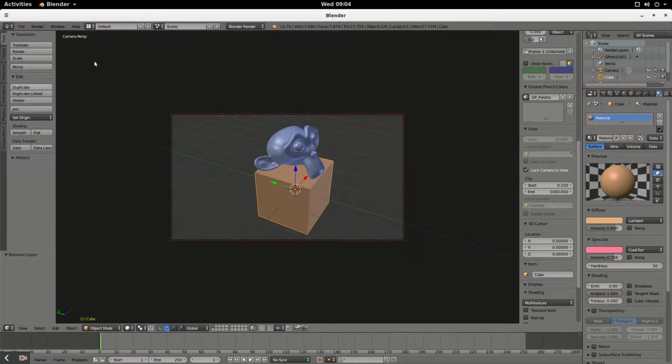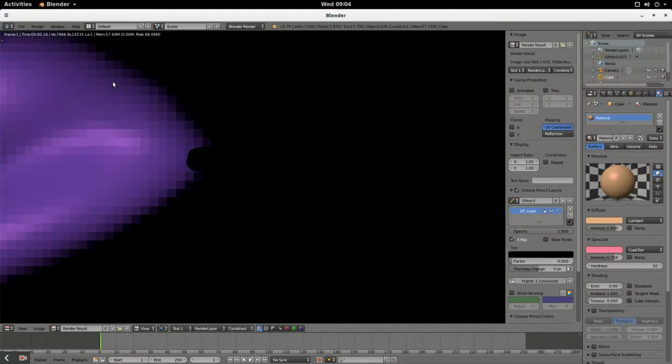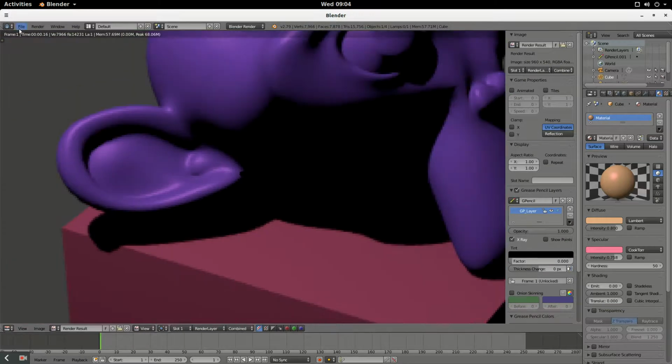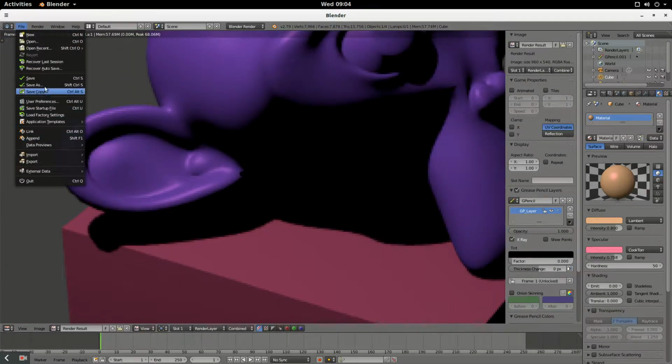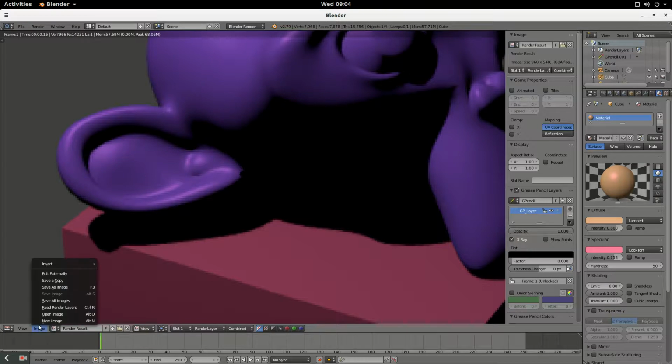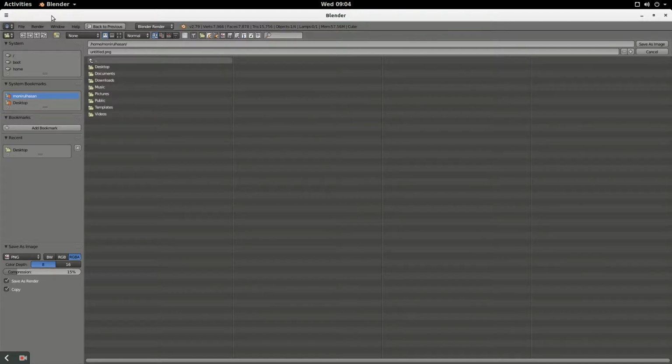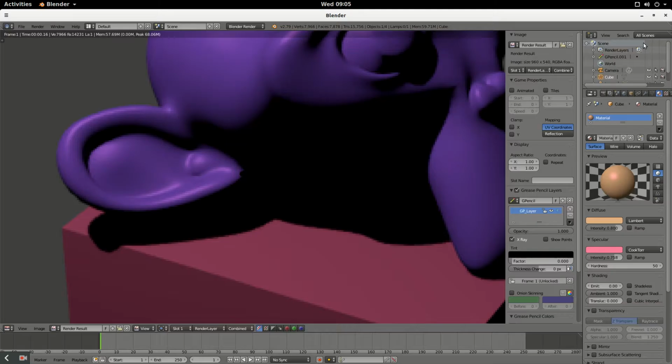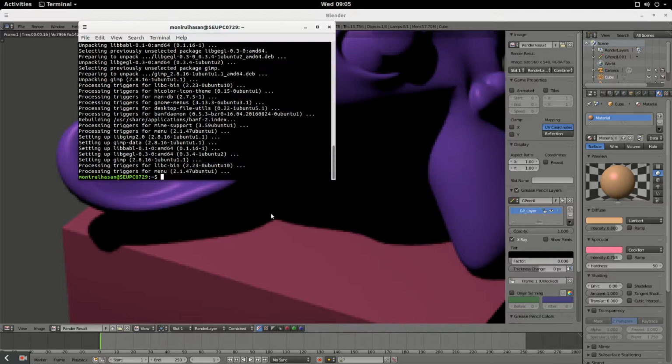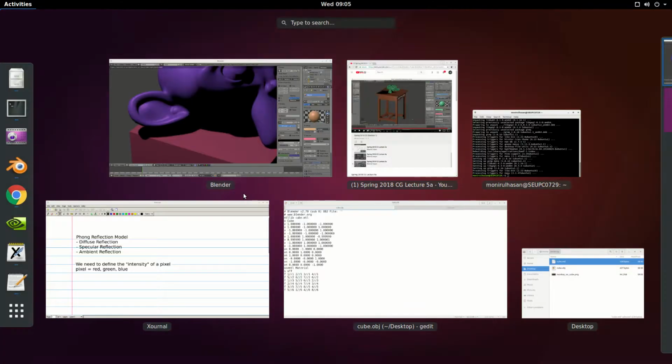And in the meanwhile, let me just get this picture in there. Image, save as image. Okay, we got GIMP ready.